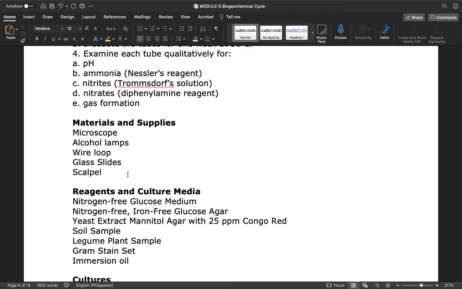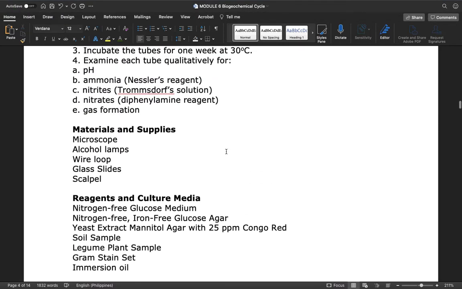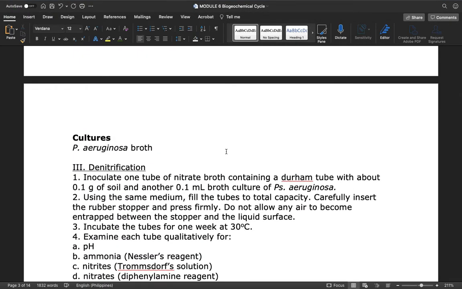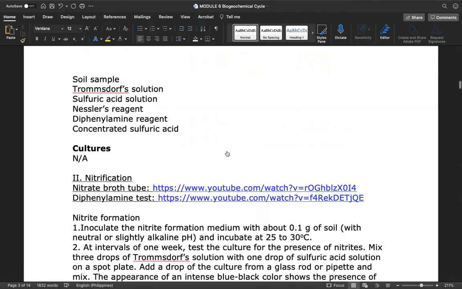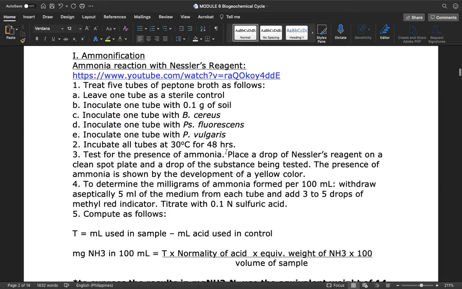So you produce your nitrogen atom associated with non-carbon atoms, so the NH3 and NH4. And the process, ammonification, is primarily facilitated by different types of microbes.